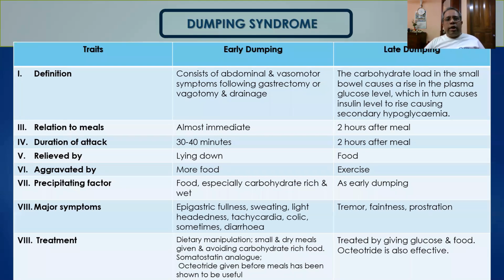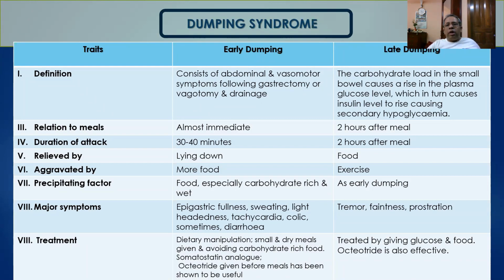In relation to meals, early dumping occurs almost immediately, and late dumping 2 hours after the meal. Duration of the attack is 30 to 40 minutes. It is relieved by lying down, and late dumping is relieved by food. If you are lying down, emptying is slow, so early dumping is less severe.